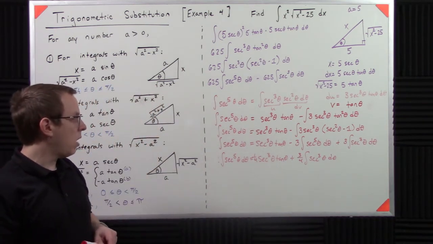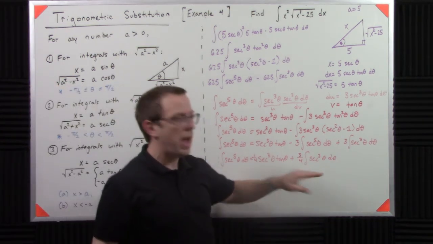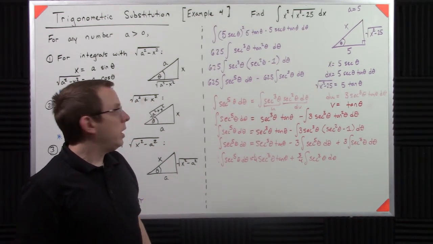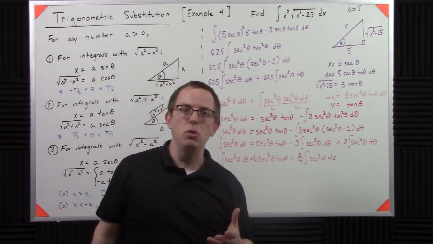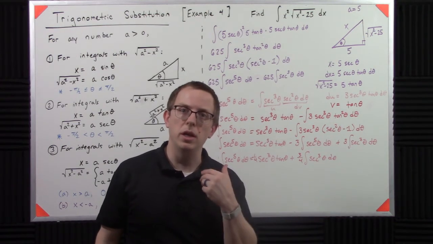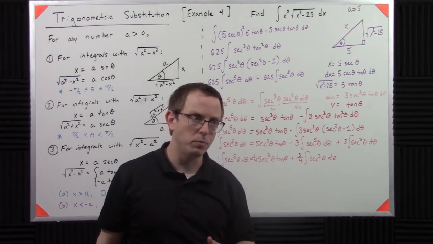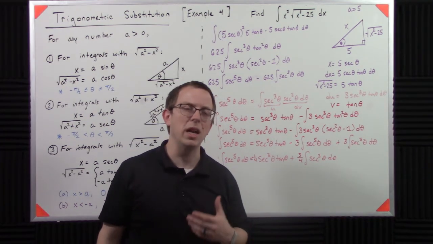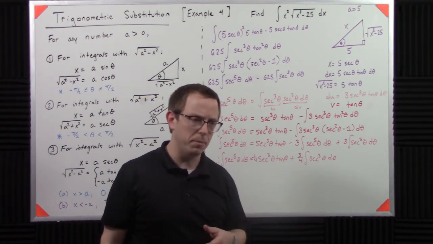Now again, we're not really out of the woods yet because we still have to solve that secant cubed theta. I don't have secant cubed theta off the top of my head. I know that it would be an additional integration by parts. So you would have to solve what secant cubed theta is by integration by parts, and I just don't remember that off the top of my head.